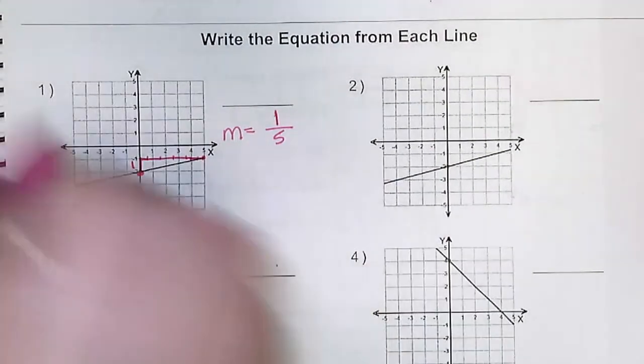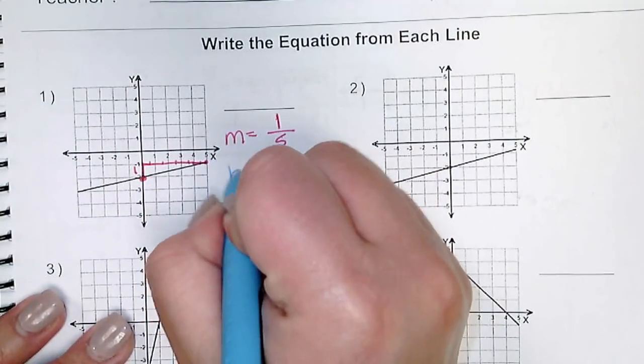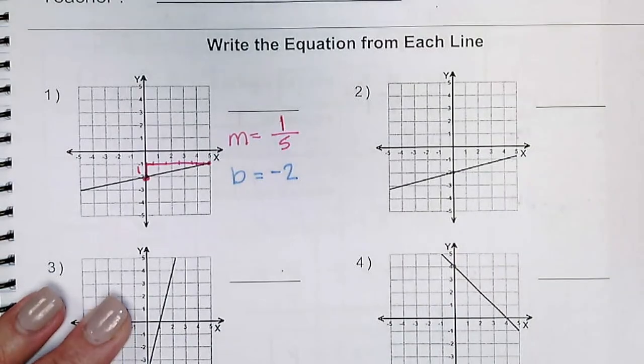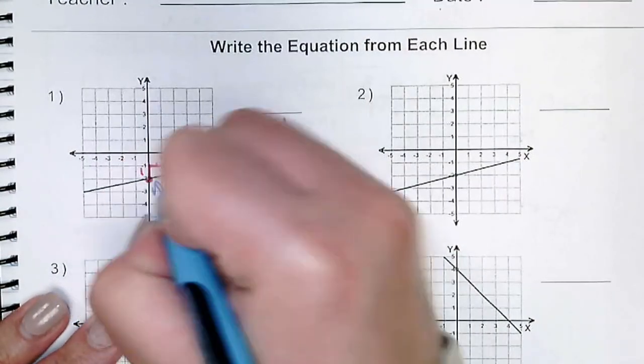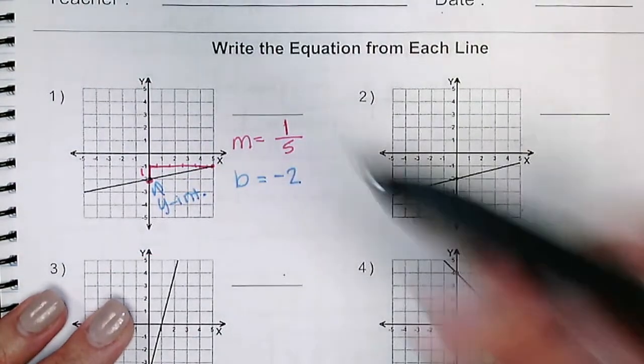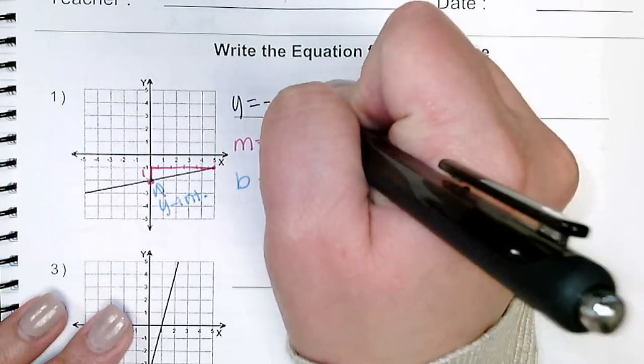And then you find your y-intercept. So here it's your b, and that is the negative 2. So your equation is y equals negative 2x. Oh, not negative 2.